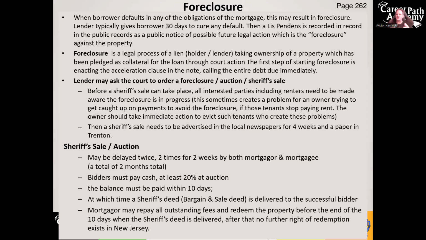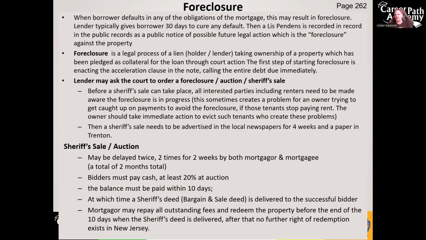It basically undoes the auction. So the sheriff's department will give the money back to the successful bidder that they collected, and they don't get the property. The homeowner can sell the property or get caught up on their payments, what have you. But usually it's through a sale, and then they can walk away with more money in their pocket.